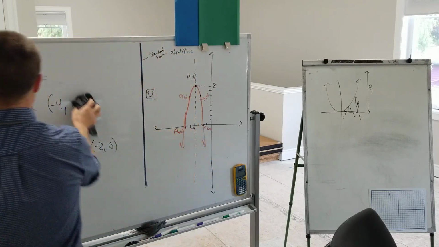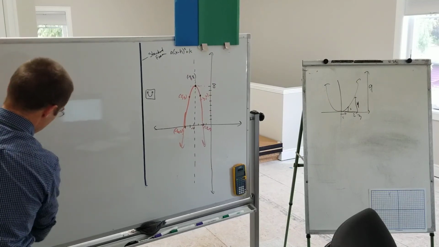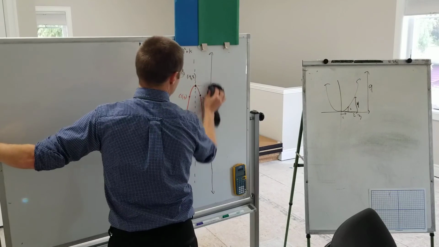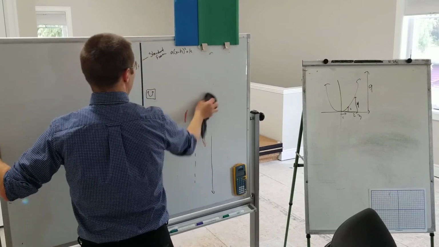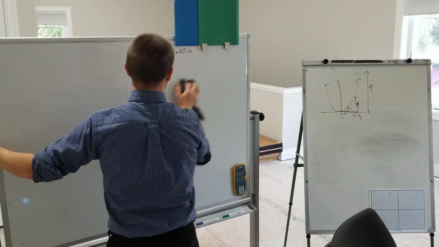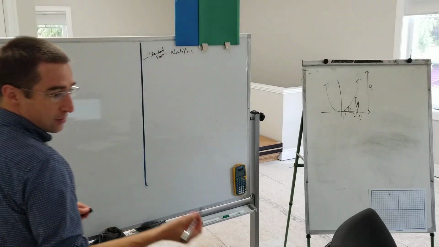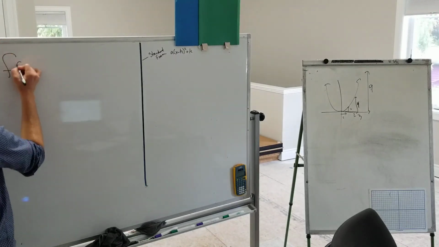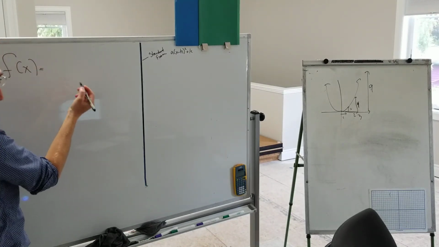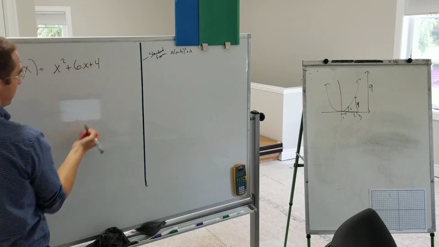All right, so we're going to do another example here, except this one, we are going to do a little bit of algebra, which is fun, to write an equation from general form into standard form. So we've got f of x equals x squared plus 6x plus 4.